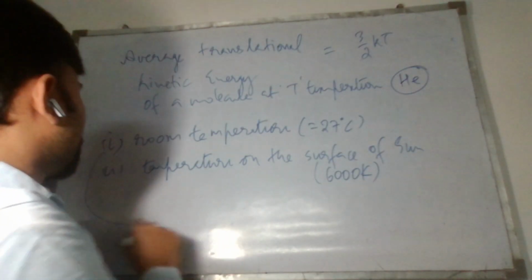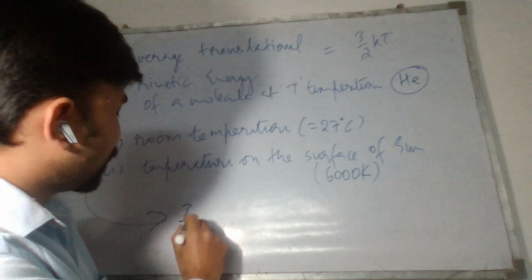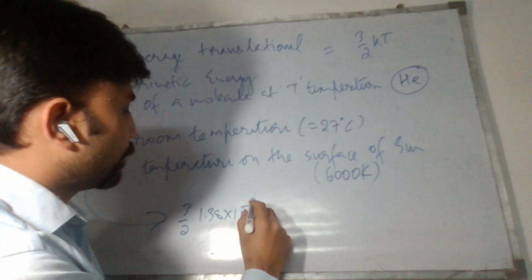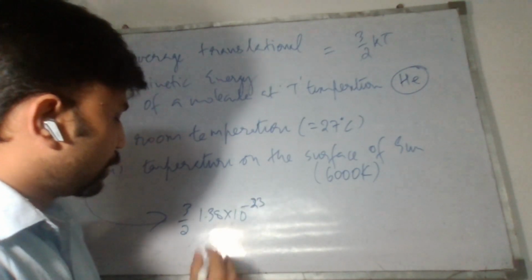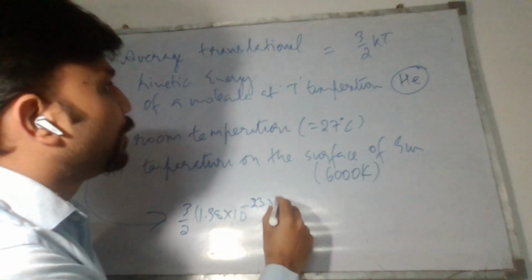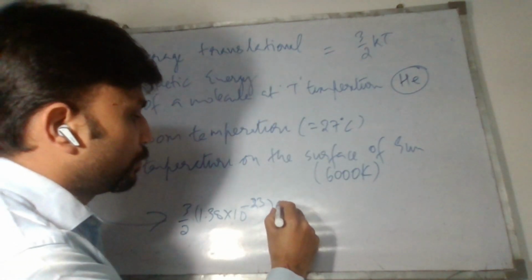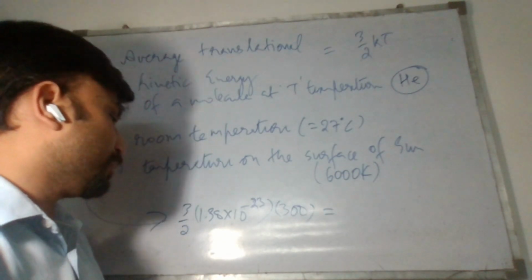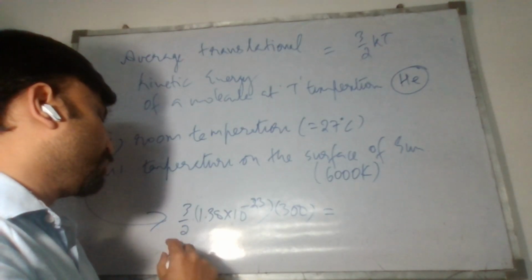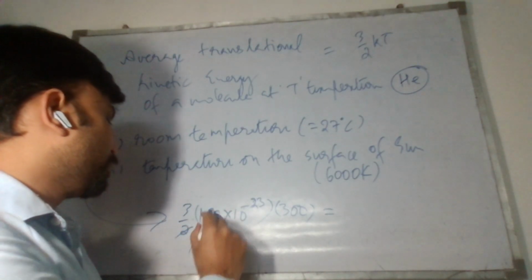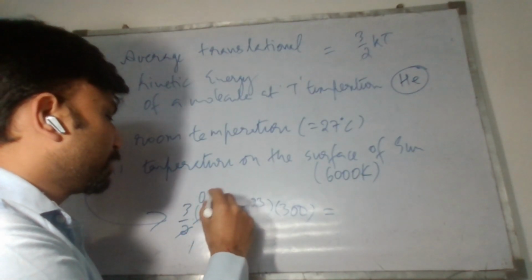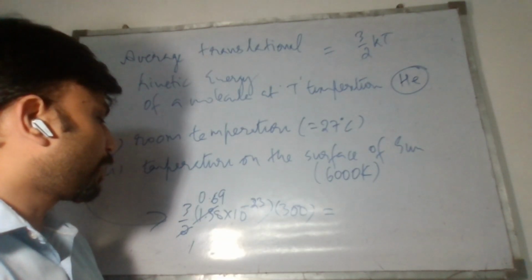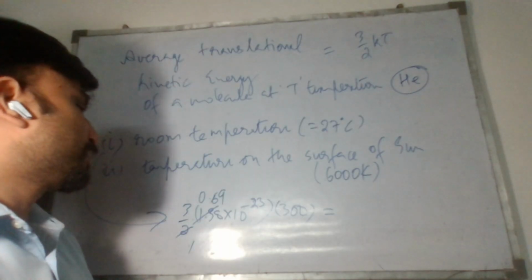So the first option would be 3 by 2 times Boltzmann's constant, 1.38 into 10 to the power minus 23, into temperature 300. After calculation we can figure out what this value will be. So this is 0.69, times 9.